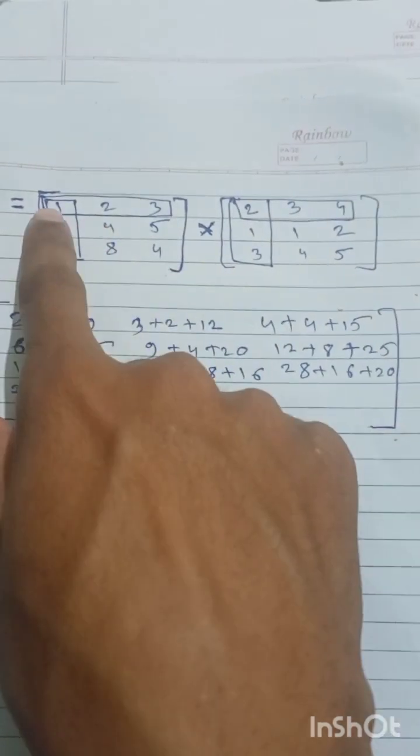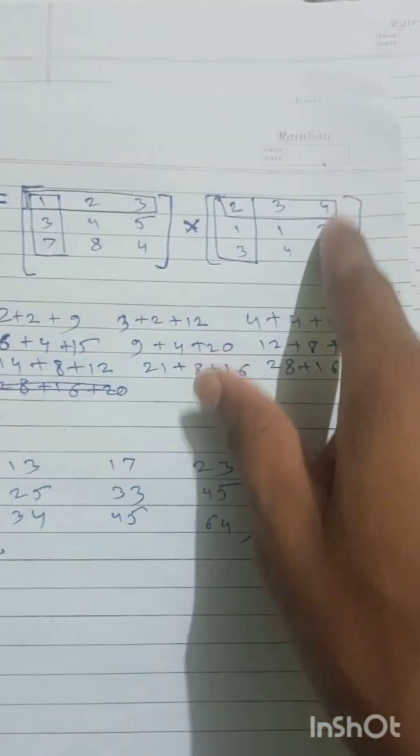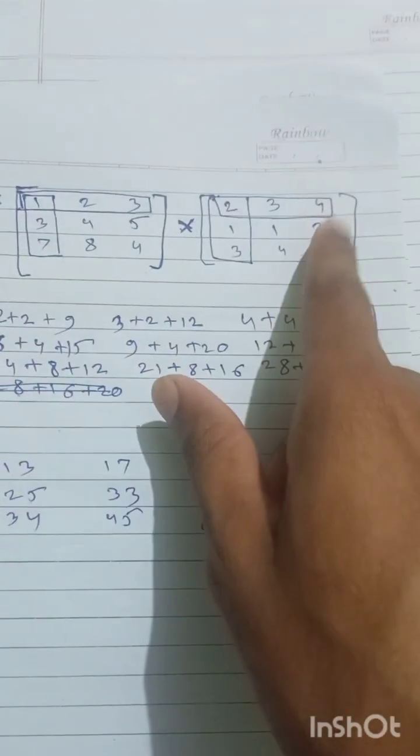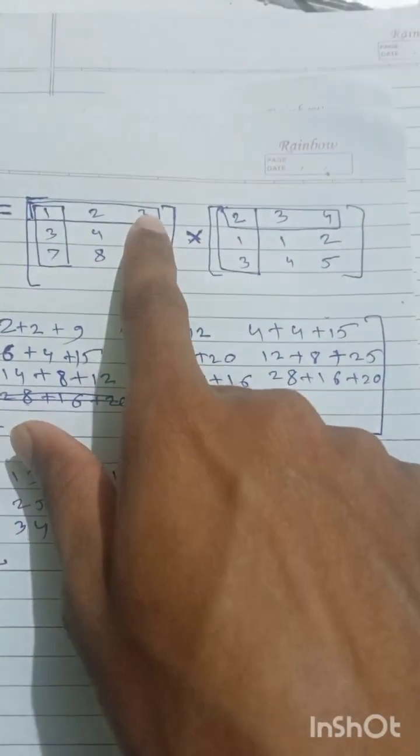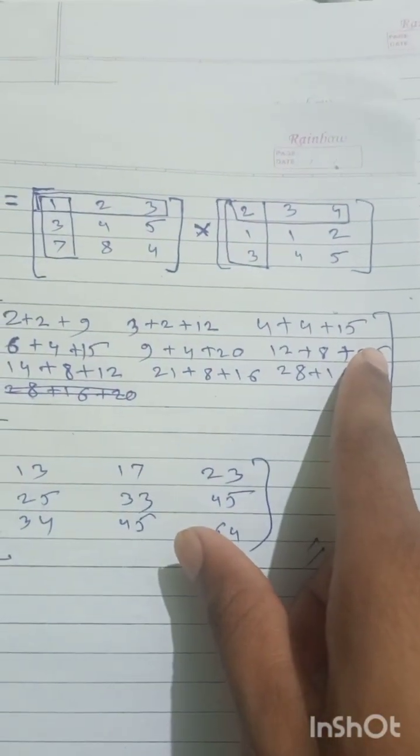Same as before, first row multiplied by the third column: 4 into 1 is 4, 2 into 2 is 4, 3 into 5 is 15.